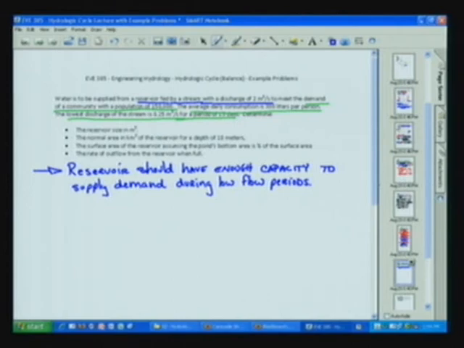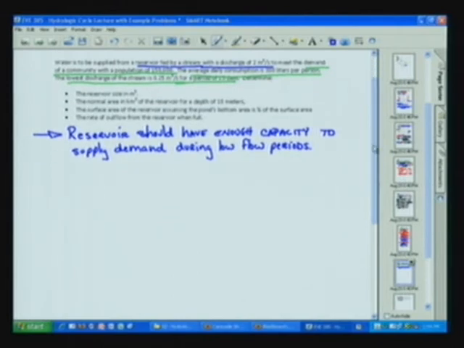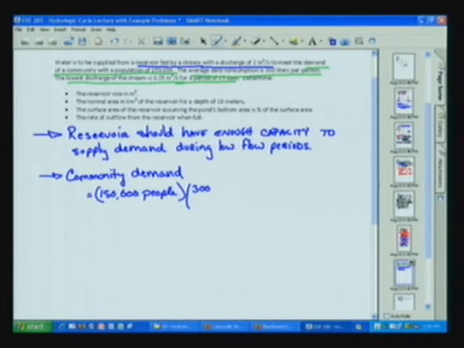Okay. Now the community demand is going to be 150,000 people consuming 300, rather, liters per person per day.